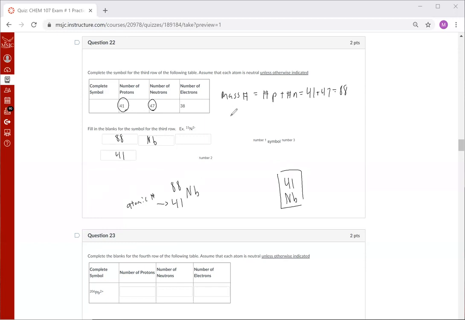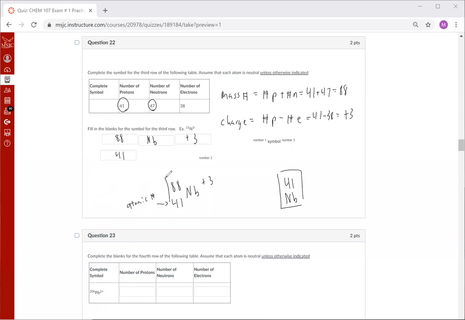Okay, and now to figure out the charge, which is, let's undo that. To figure out the charge, we take the number of protons minus the number of electrons. So we have 41 minus 38, and that gives us a charge of +3.